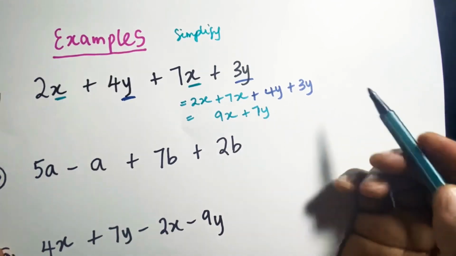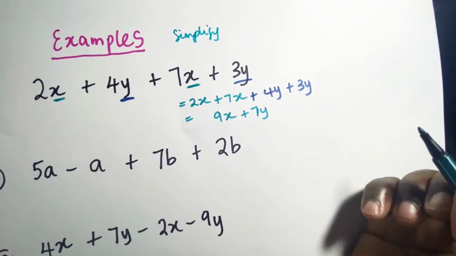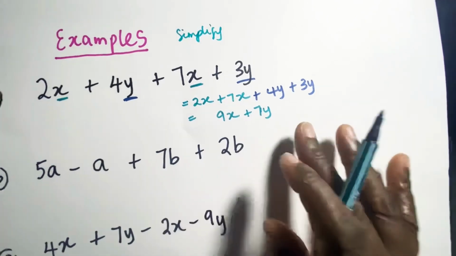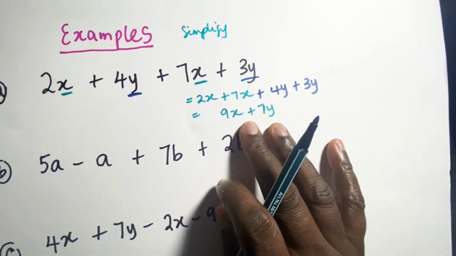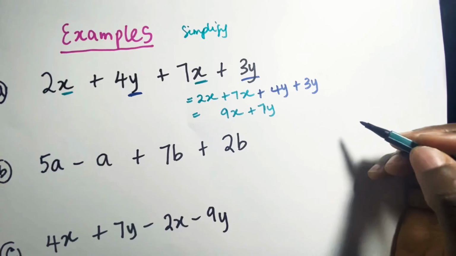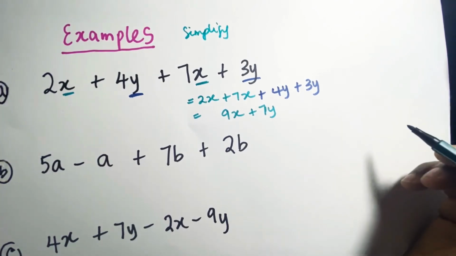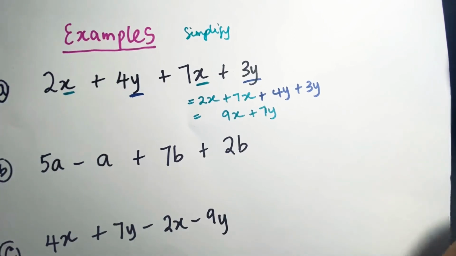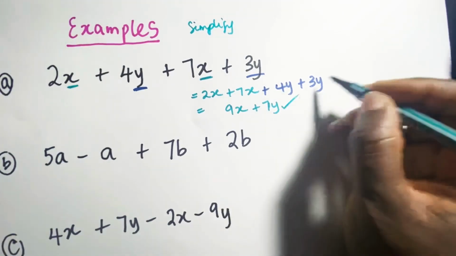Remember, x and y, or a and b, are just like apples and bananas. You can't join them together because they're different. You can't combine them because they're different. You can add two apples, but you can't add two apples and three bananas to make 5 apples. So that's the first one done.